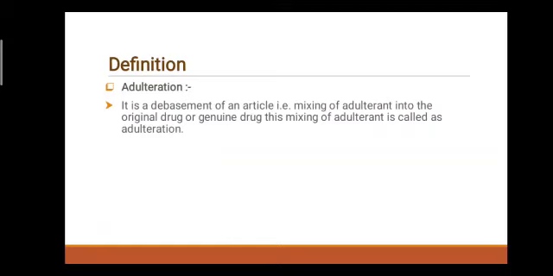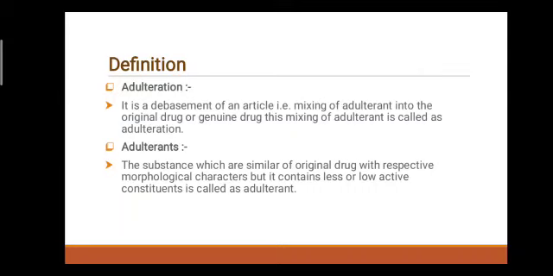This mixing of adulterant is called as adulteration. Second definition, adulterant. The substance which is similar to the original drug with respective morphological characters, but it contains less or low active constituents, is called as adulterant.